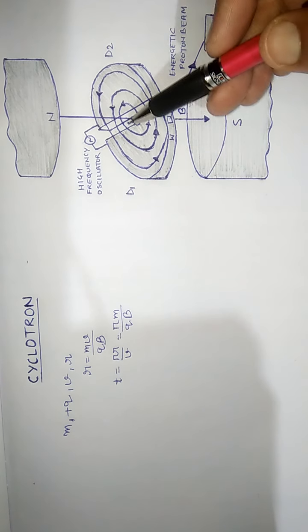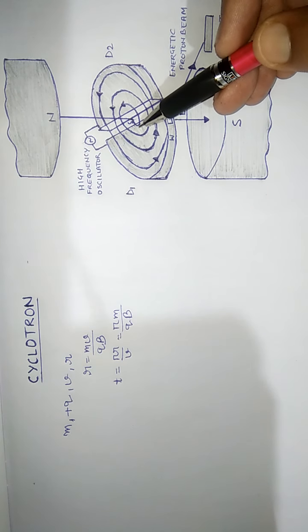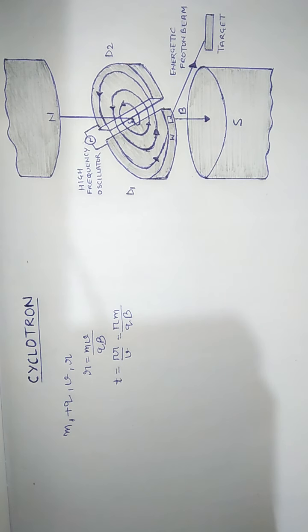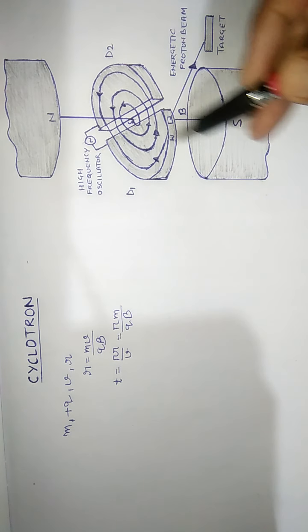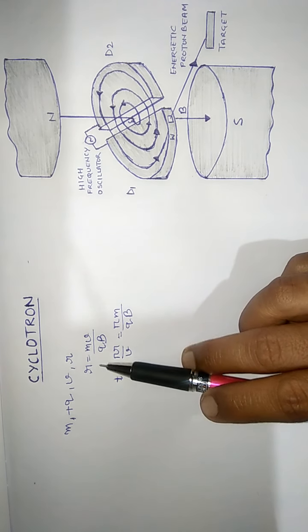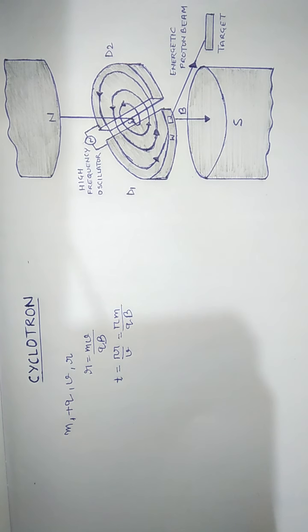Now as it reaches here, due to the magnetic field which is perpendicular to the plane of Ds, the ion adopts a circular path, and the radius of the circular path is given by r = mv/qB, where B is the magnetic field.